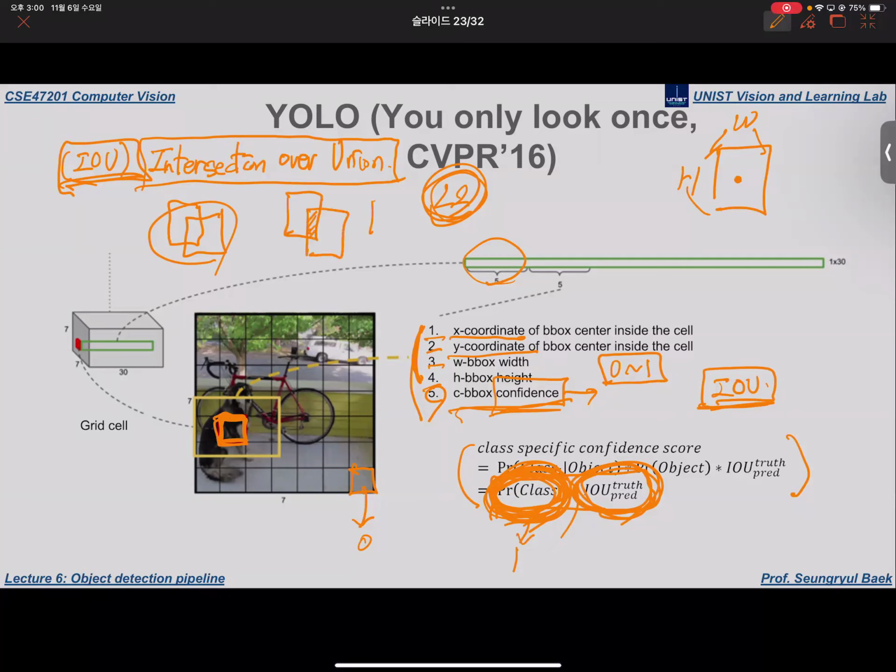We can get both the intersected region, this is the intersection, and this is the union. Intersection means how much the two bounding boxes intersect. We calculate the region which is intersected by the two bounding boxes.